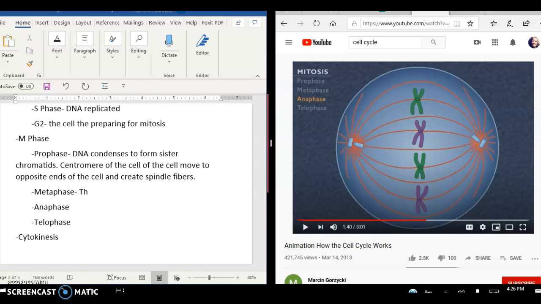Okay, so again, the sister chromatids line up at the equator of the cell.